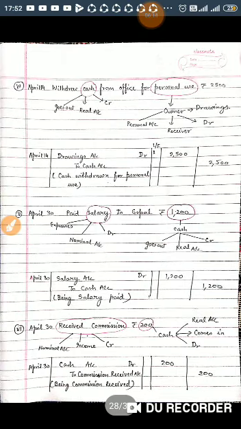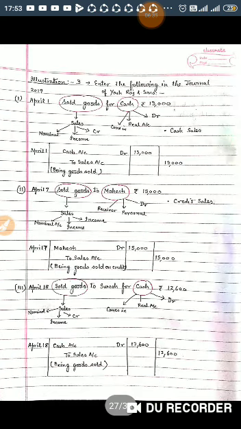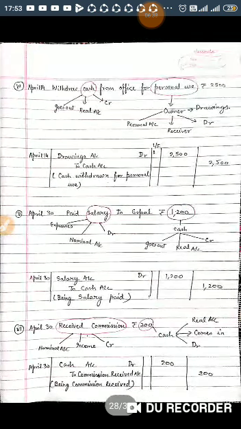Now the next transaction, April 14: withdrew cash from office for personal use rupees 2,500. Who is withdrawing? It is mentioned in the beginning of the question: it is the journal of Yash Raj and Sons. So Yash Raj is withdrawing for personal use.